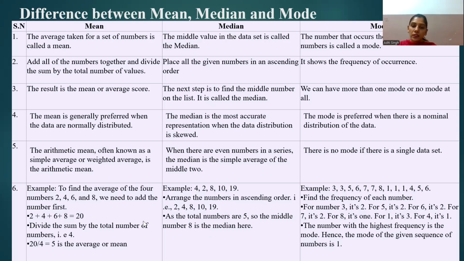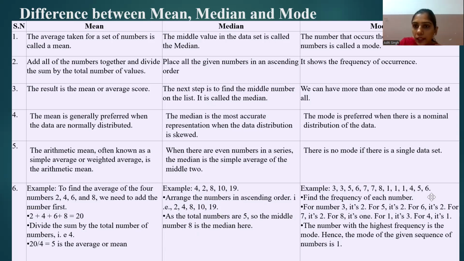So after arranging the data in ascending order, we have to identify the mid value. As there are five numbers, the mid value is 8. So as in this given series there are a total of five numbers, the middle value in this series is 8, which is also known as median. So median is equal to 8.